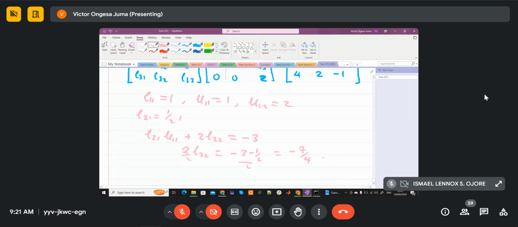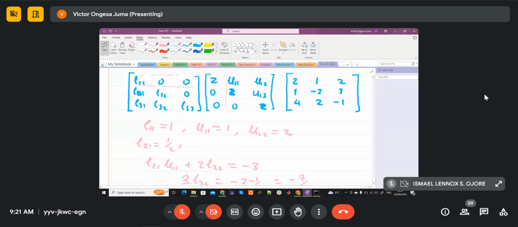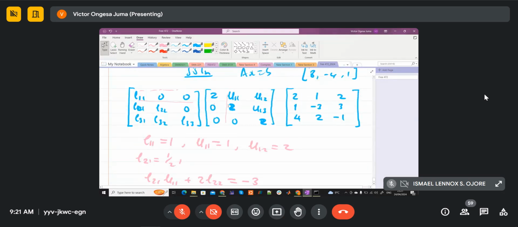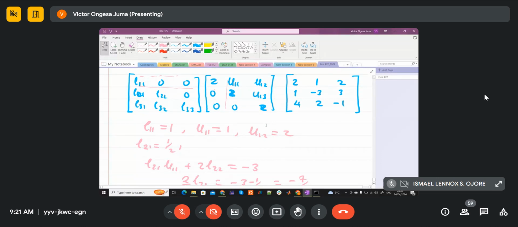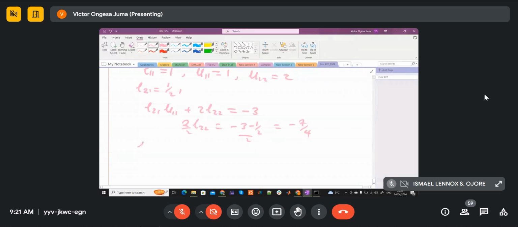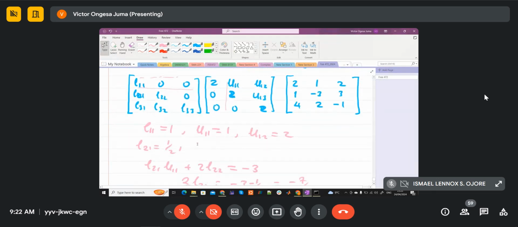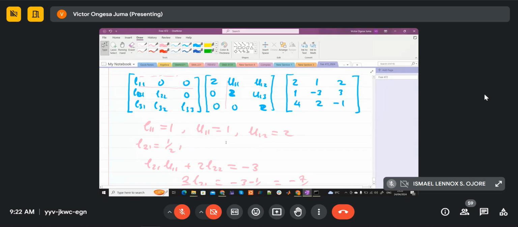If I make a mistake, you check. And then the last one, we multiply this by that. You will have L21 multiplied by U12.